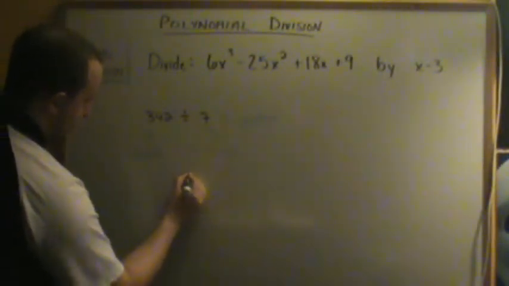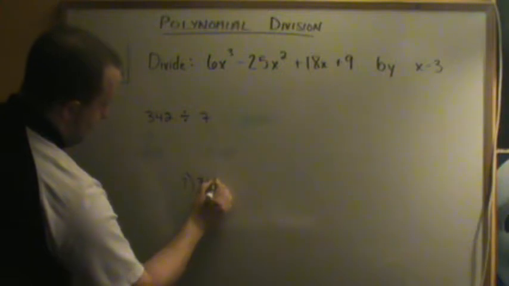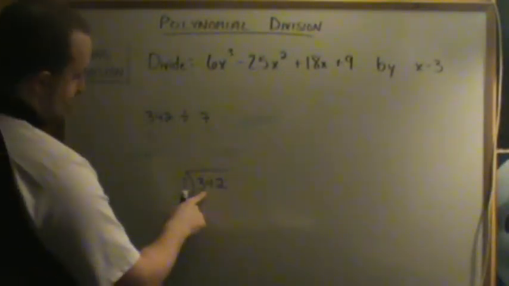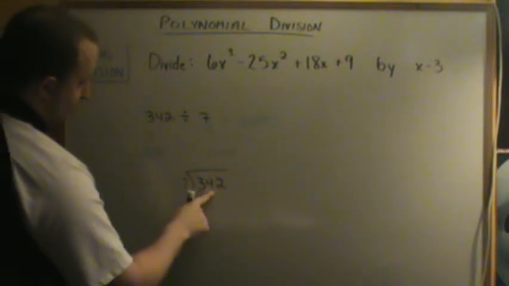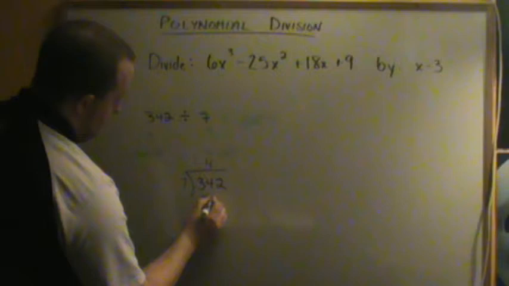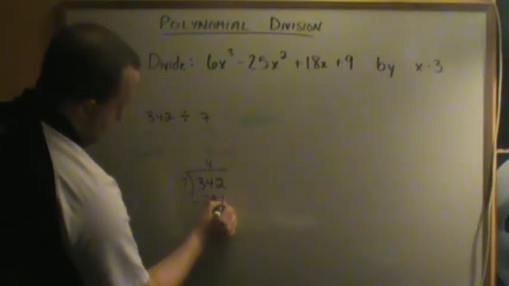Okay? And what you would do if you were to do this problem here is you would set up a 7, have a parentheses, say 342, put a bar over top. 7 doesn't go into 3, 7 goes into 34 as a whole 4 times. 7 times 4 is 28. 34 minus 28 is 6.